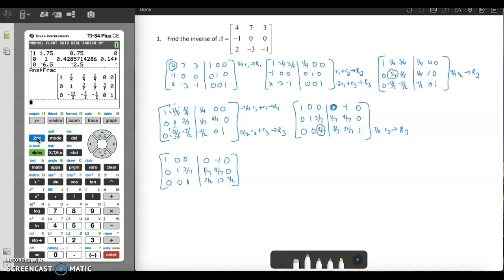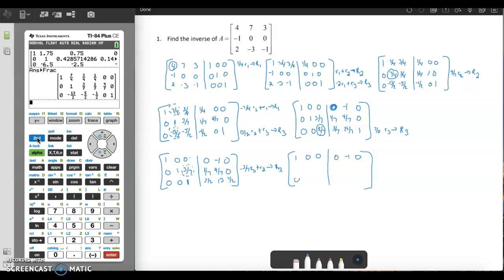Now the very last thing I need to do is change the rest of that third column into zeros. Lucky for us, the top entry is already a 0, so really I just need to change this 3/7. So I'm going to take negative 3/7 times row 3, add that to row 2 for my new row 2. Okay, so row 1 is finished.